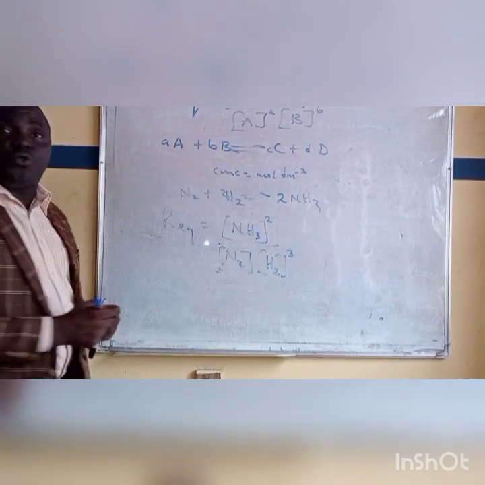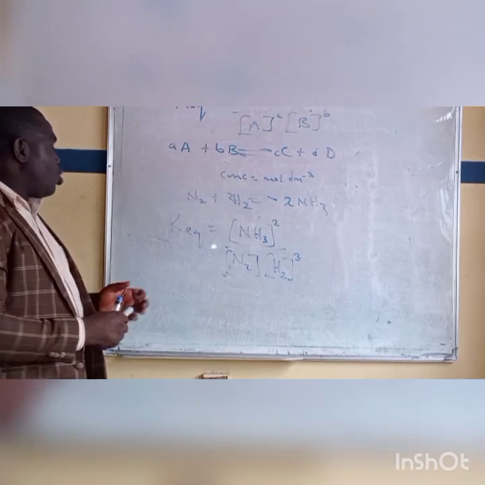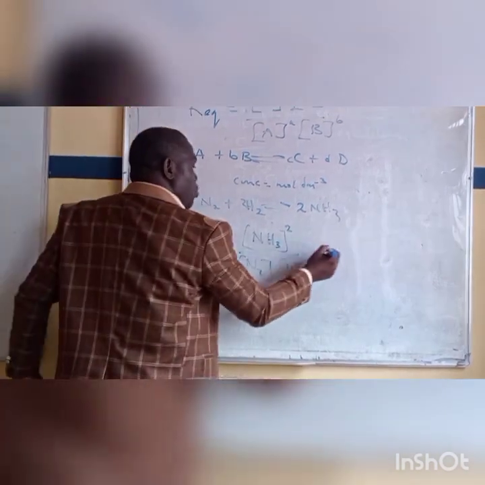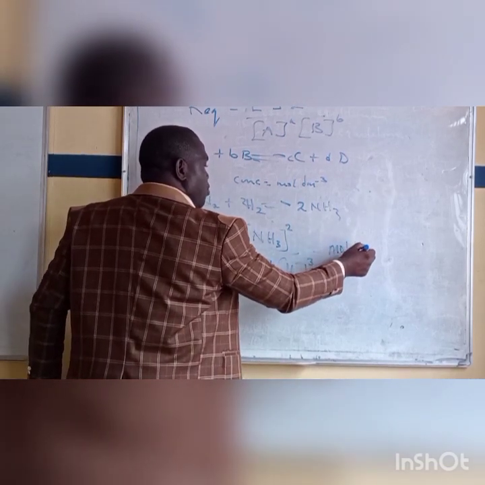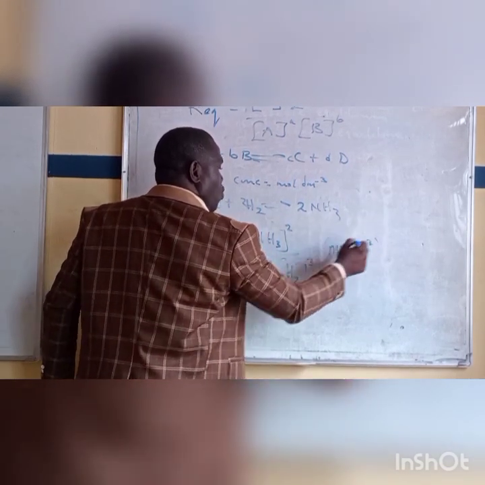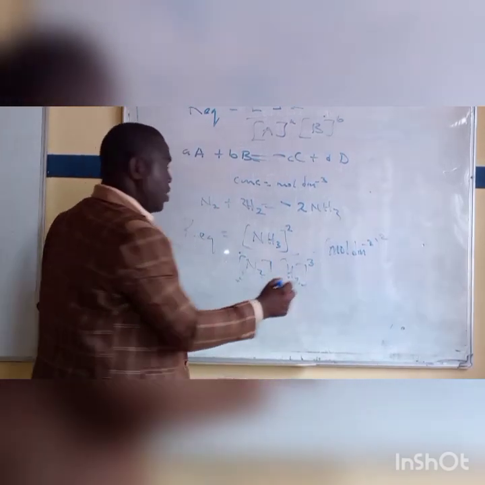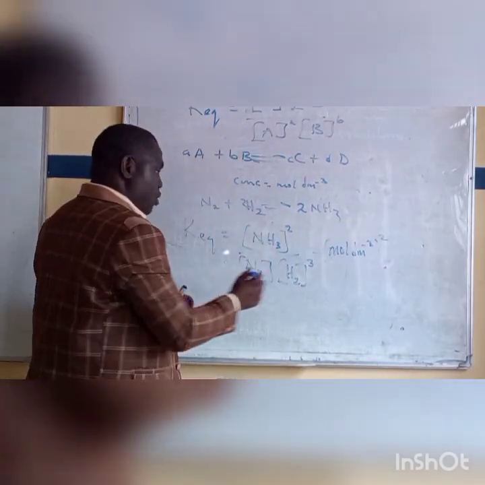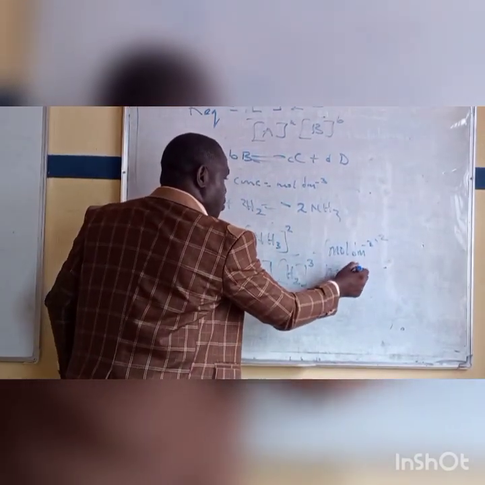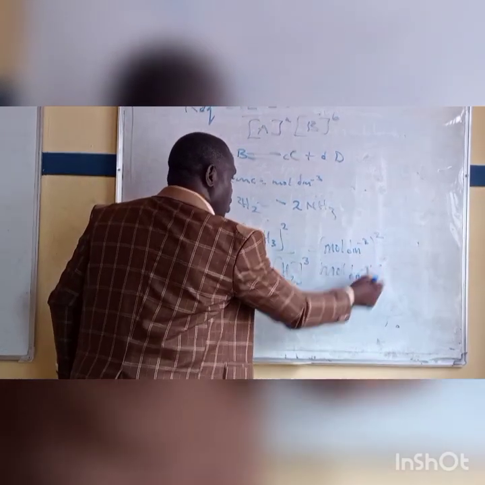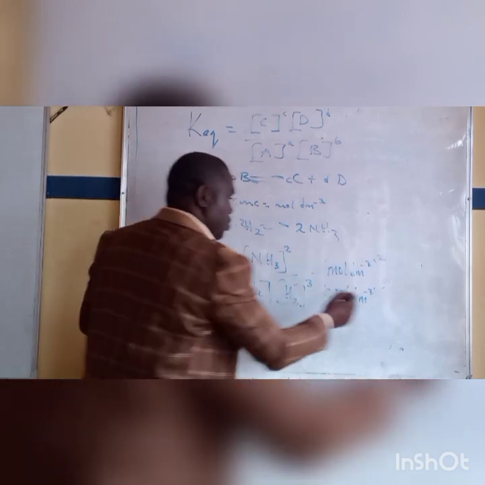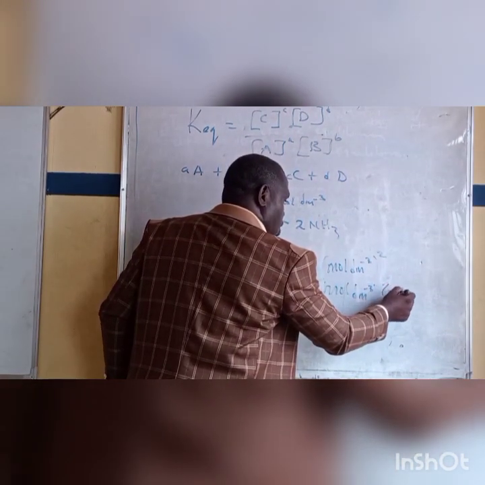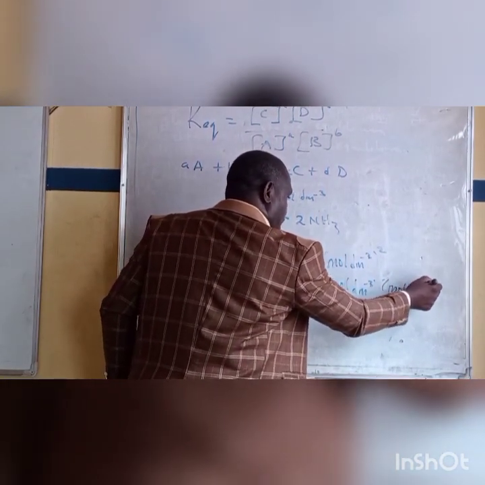Now, if I want to find the unit in mole per dm cube for this reaction, I'm going to do it this way. This is mole per dm cube, squared outside, and then this is mole per dm cube, and this is mole per dm cube.